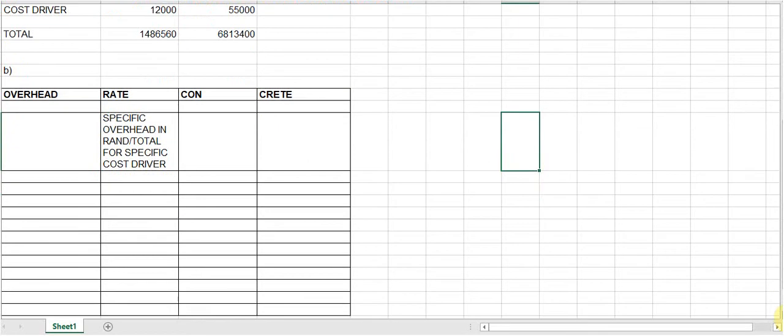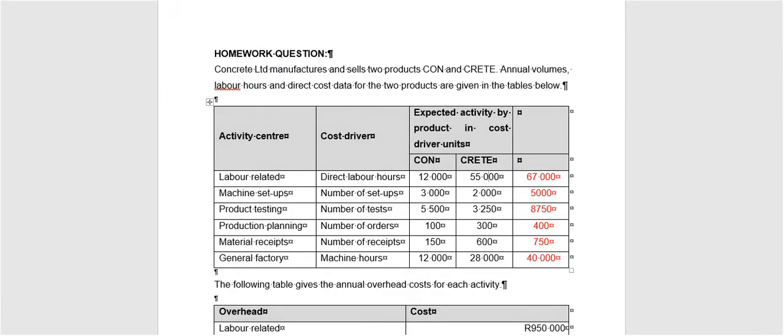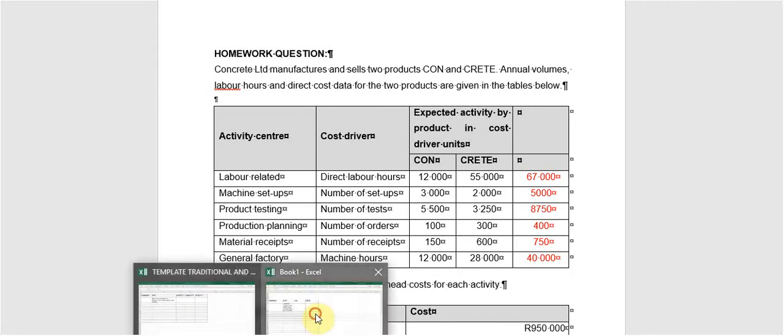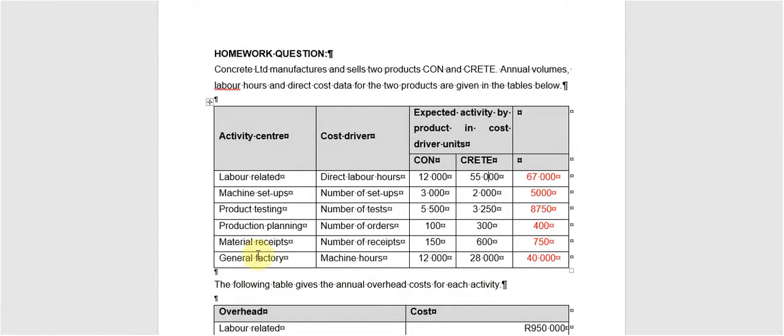I'm going back because I need to list all the overheads that they have given me. So it was labor related and machine setups. Then I think it was something like product testing and production planning.